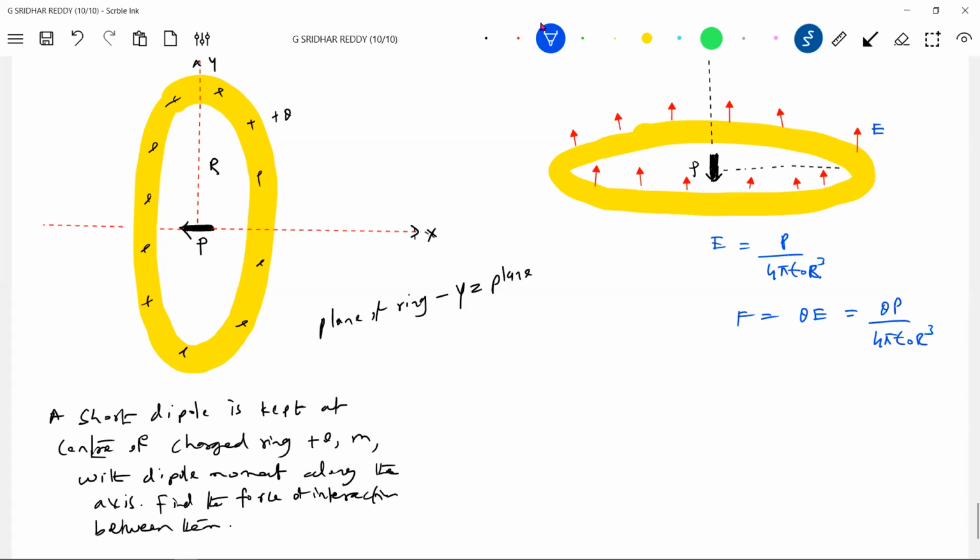Yes, we should assume a small element at different points, the E bar will be different. Little bit of mathematics. We should take a small element and calculate, then integrate, then calculate the angle between R bar and E bar. It will be very lengthy in Cartesian coordinates, polar coordinates may be possible.